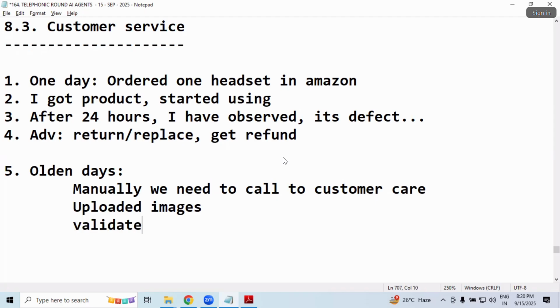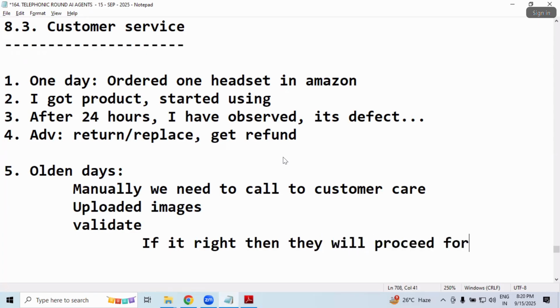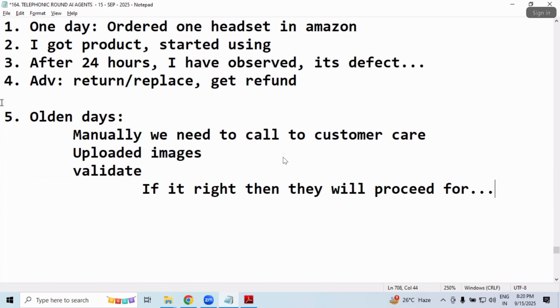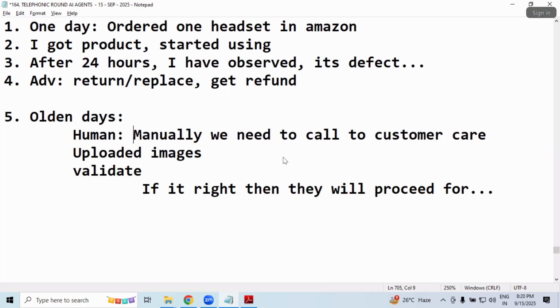After you have uploaded images, is it defective or else not working? Tell me the reason. What happened? How many hours since you took the product? They will ask actually. If the validation is right, then they will proceed for a refund, and so on. You can't believe, manual in the sense that a human will talk with you actually.